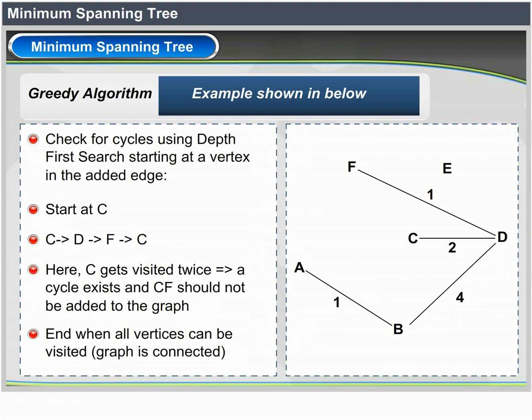End when all vertices can be visited. The graph is connected. After that, the sorted list of edges is shown in this table. Now the sorted list of edges is shown in this table.